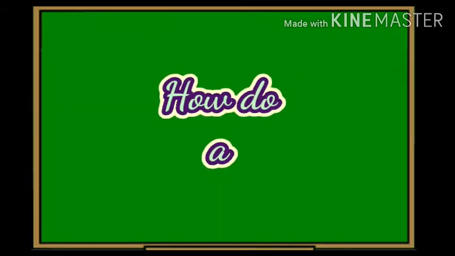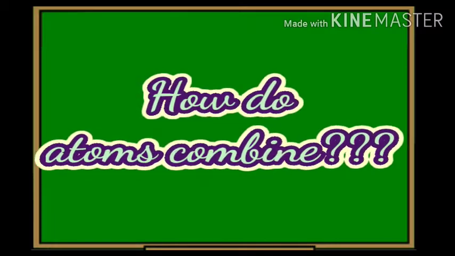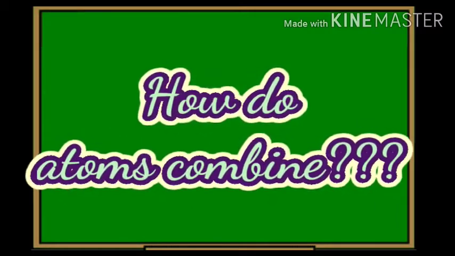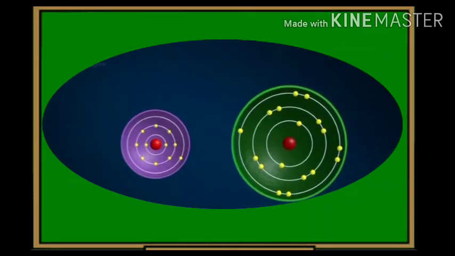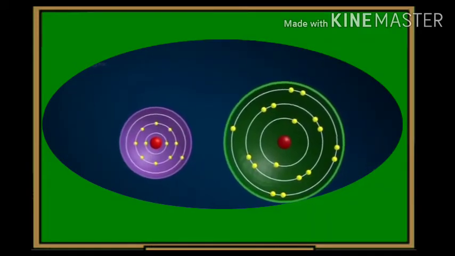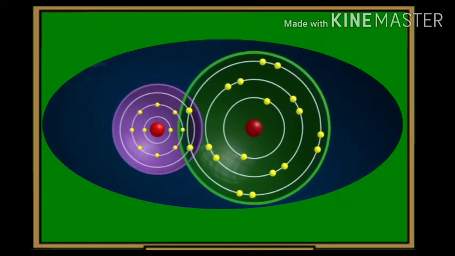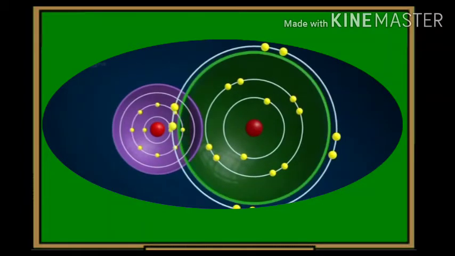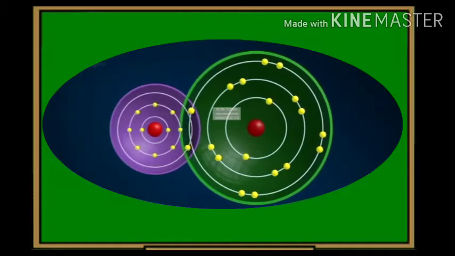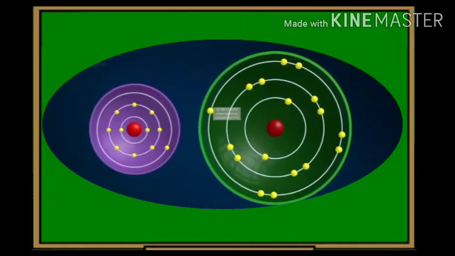Now let us observe how atoms combine to form molecules. Here we take an example of the formation of a sodium chloride molecule by ion formation. When a sodium atom loses one electron, it becomes a positively charged cation, and chlorine on gaining one electron becomes a negatively charged anion.